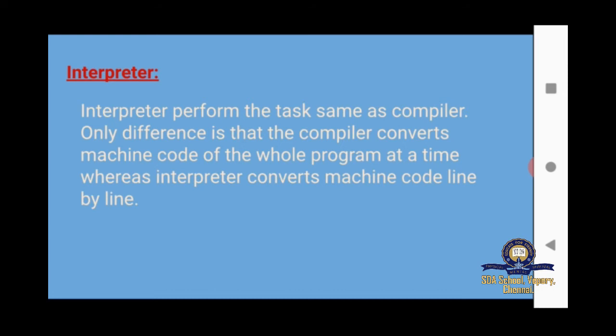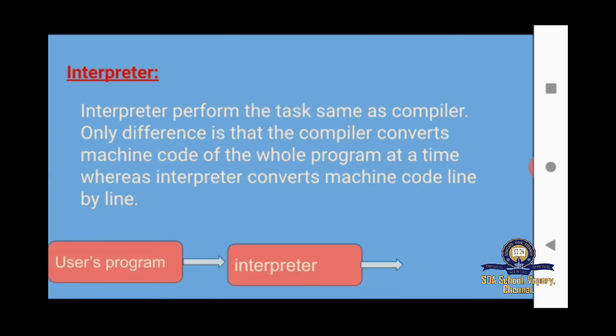The only difference is that the compiler converts the whole program to machine code at a time, whereas the interpreter converts it line by line. It takes the user program, checks line by line, and then converts it into machine code.